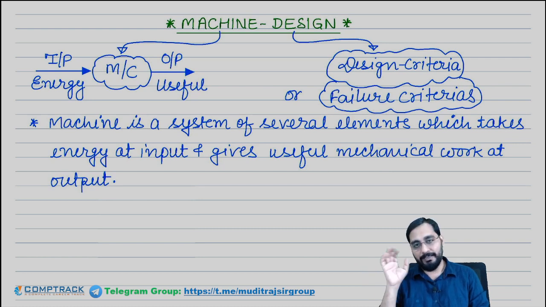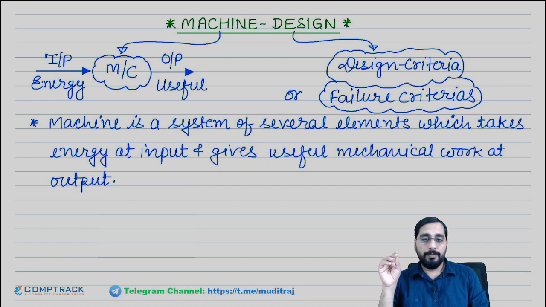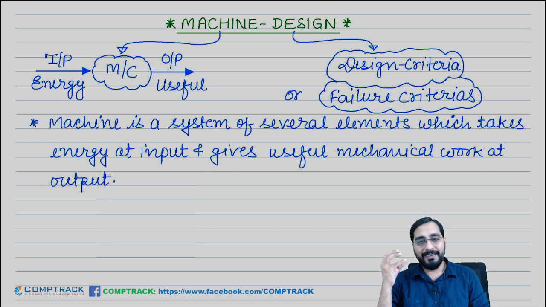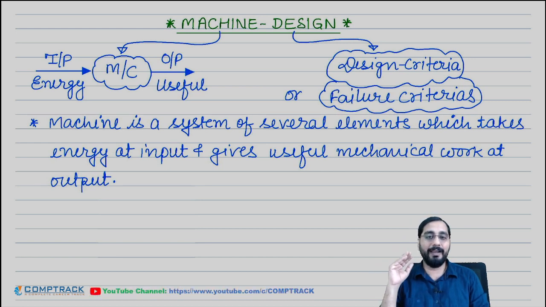In the design procedure, we take care of different things like material, money, total weight, and the efficiency of the machine should also be good. So many things we have to understand and follow when we are designing any machine.